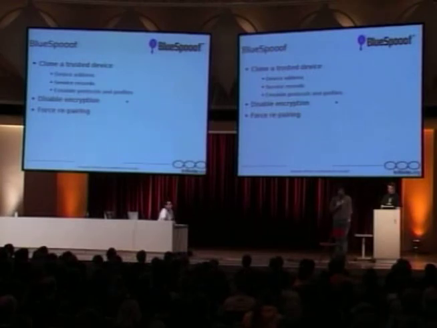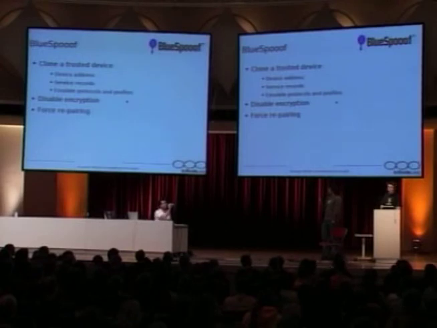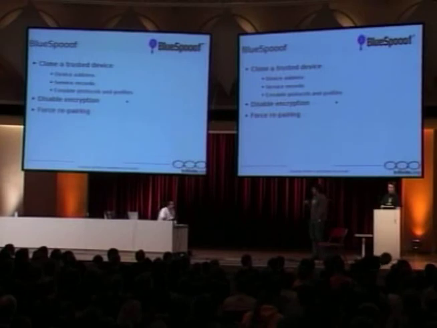So if you wanted to connect to another phone, setting only the address of the headset that is usually connected to the phone is not enough. So the BlueSpoof just helps for other attacks that we are going to present. It allows you to set any address on your Bluetooth dongle.